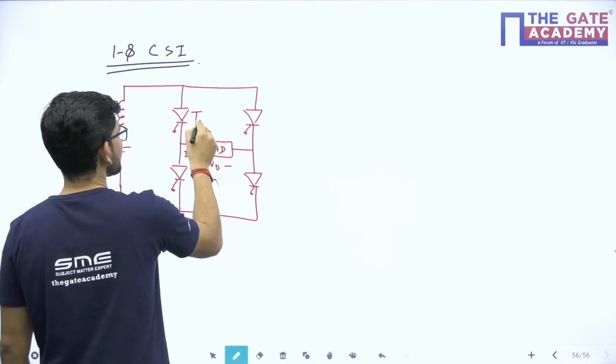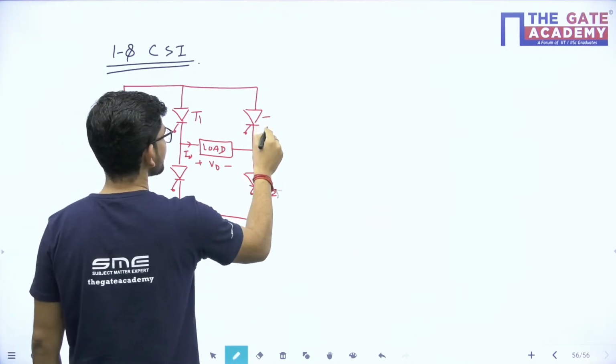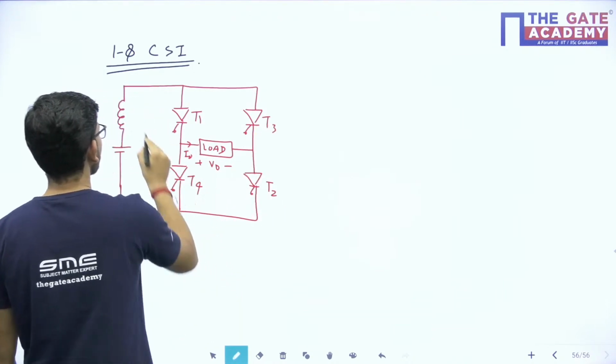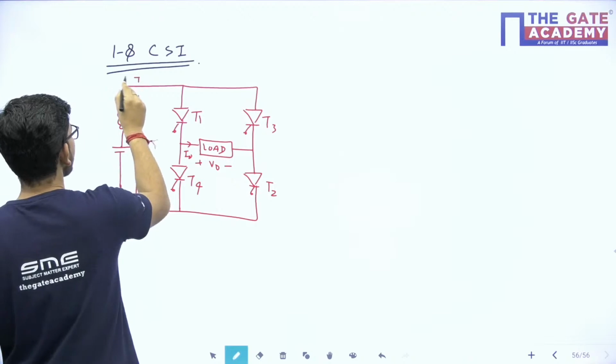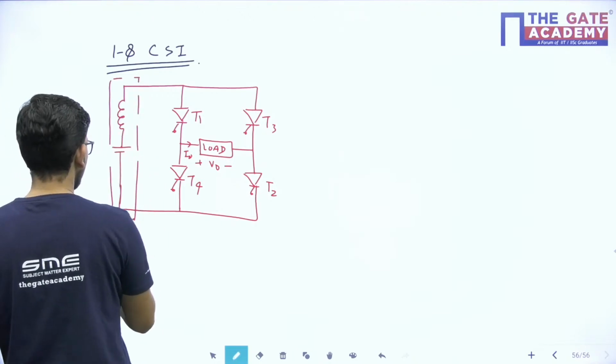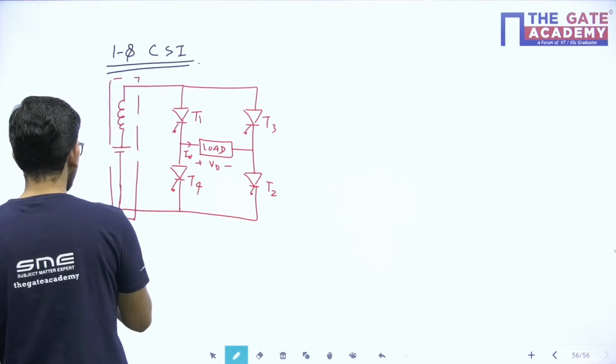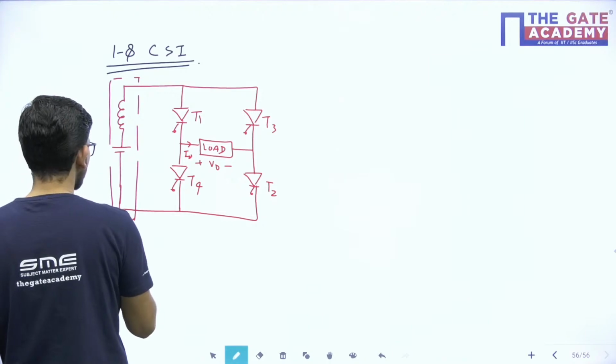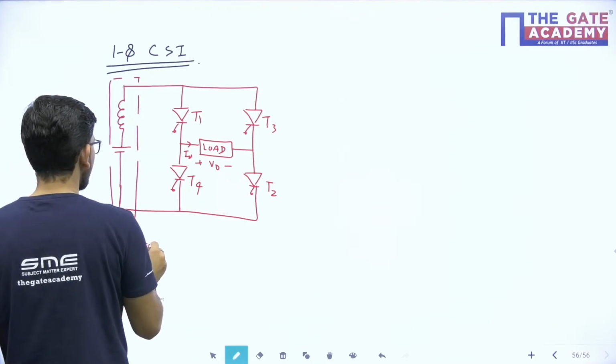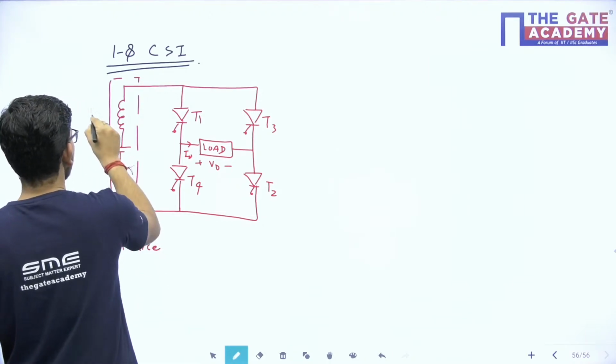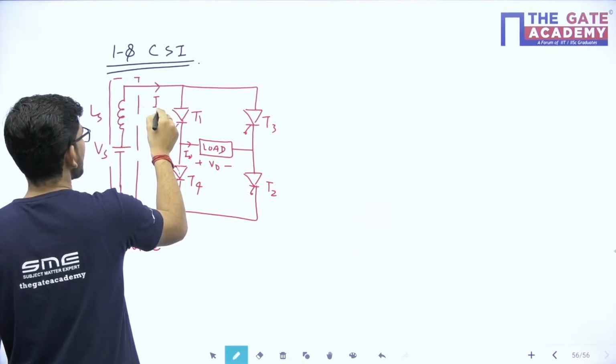This is T1, this is T2, this is T3, and this is T4. This is the current source that we have. This is Vs, this is Ls, and this current is the Is current.